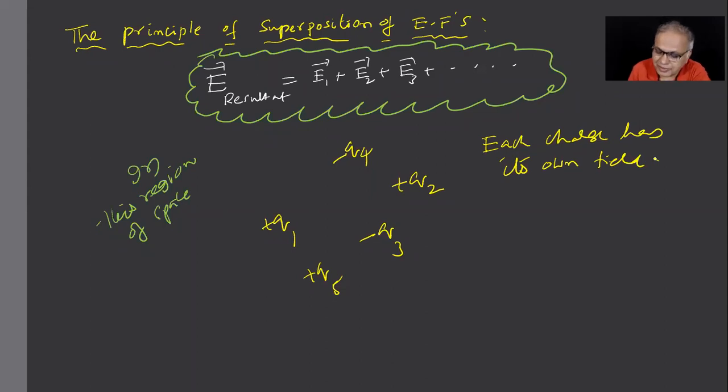And at a point, in other words, I can say this region is having a resultant electric field of all the charges. We can say this space has a resultant field.